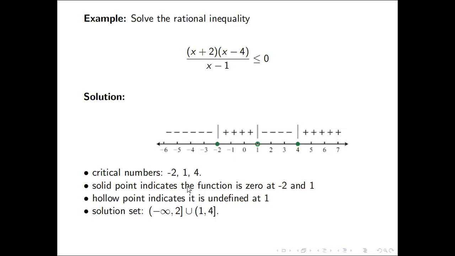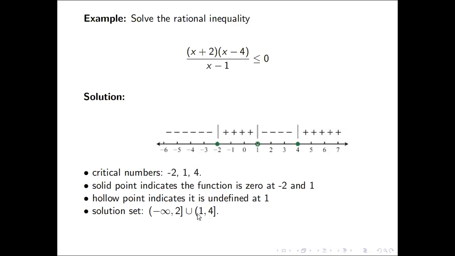So here's our solution set. Those where we have negative signs: -infinity to -2, including -2. Sorry, this should be -2. And also this interval here from 1 to 4, excluding 1, including 4.